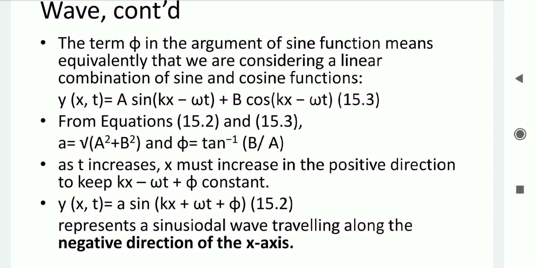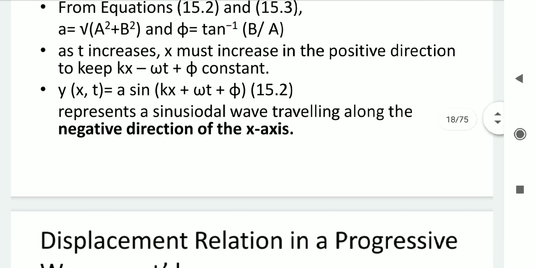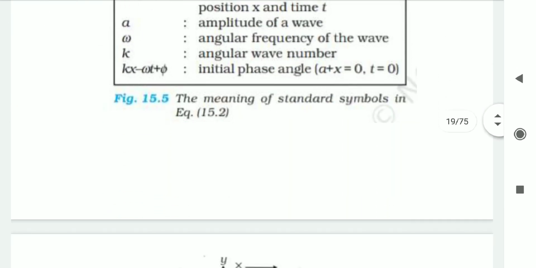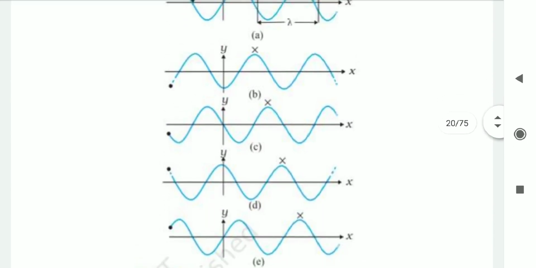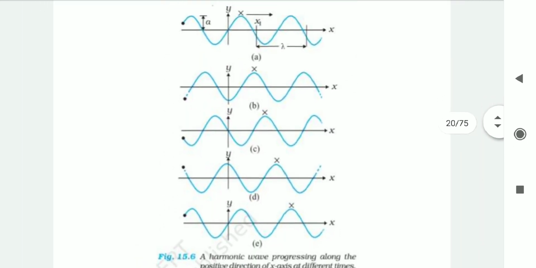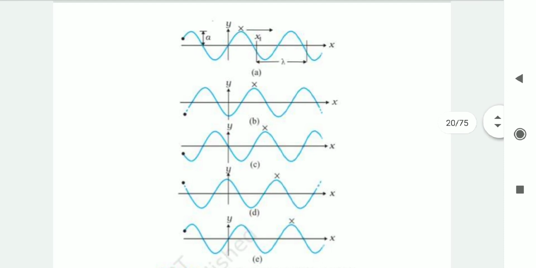So here, now let us see the harmonic wave progression along the positive x direction. Small a in the first wave is defined as its amplitude. The wave is traveling in the x direction, and we are representing its initial component with a dot.